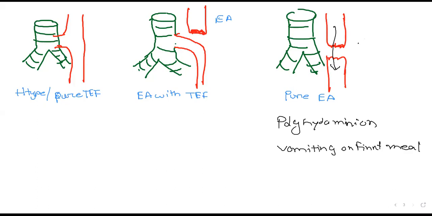And if we want to pass a nasogastric tube through their esophagus, we cannot do this because their end is closed because it has atresia. So the nasogastric tube can't pass through their esophagus.